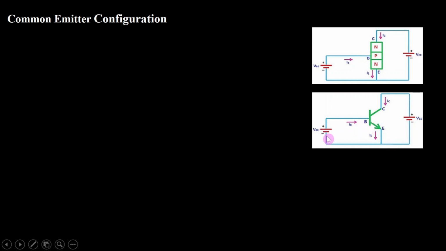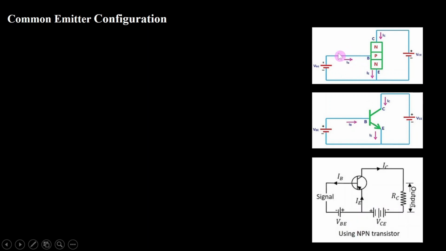We give the input to the base and emitter, and the output is taken at the collector and emitter. This represents the NPN transistor, and this is the same circuit as we discussed here.